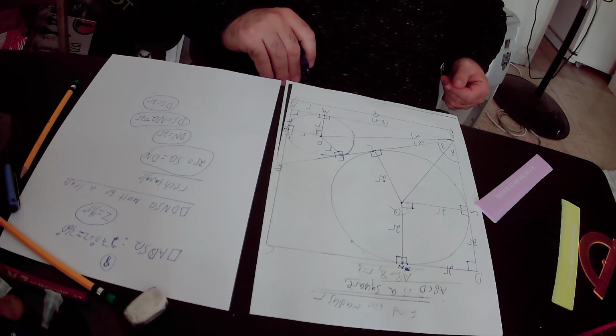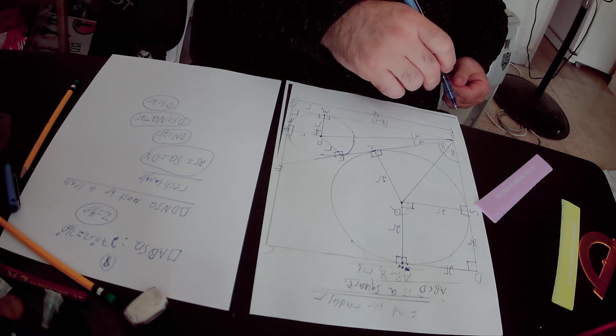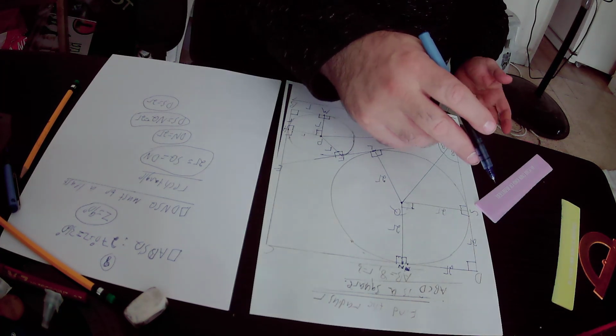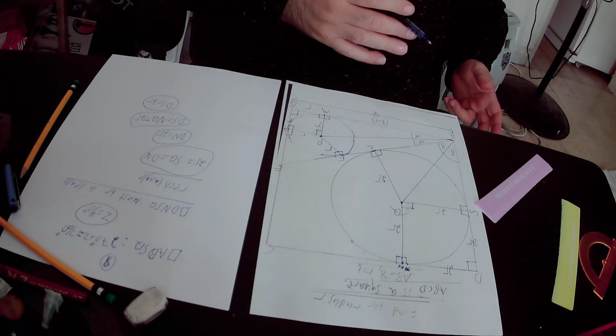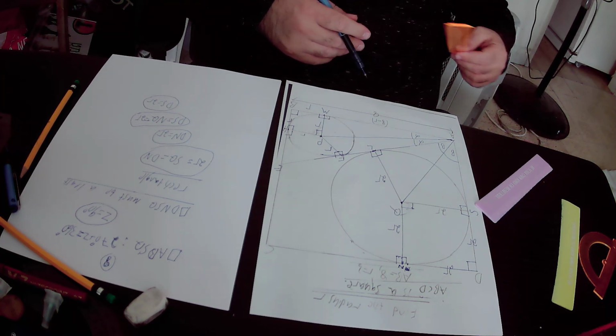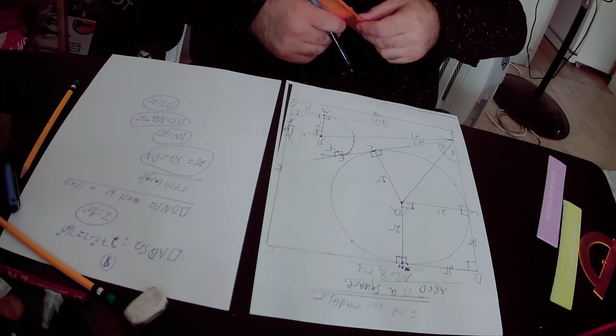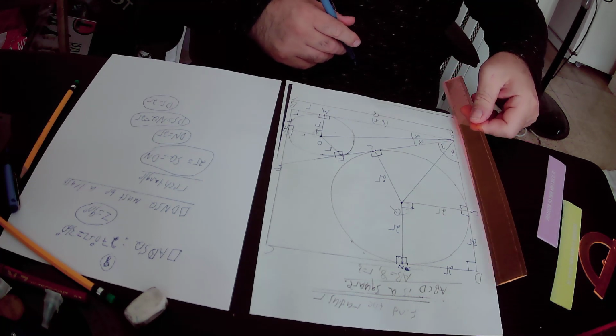And we also know that DA or AD is one side of square ABCD, and all the sides in any square are equal to each other.